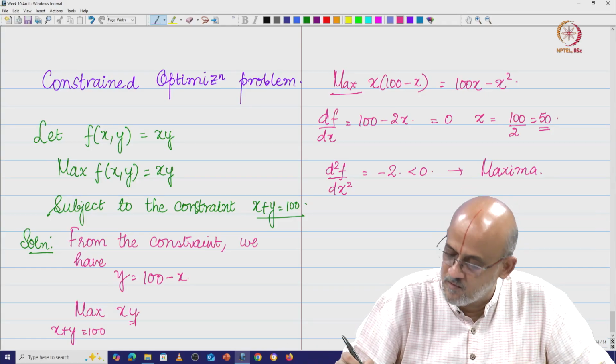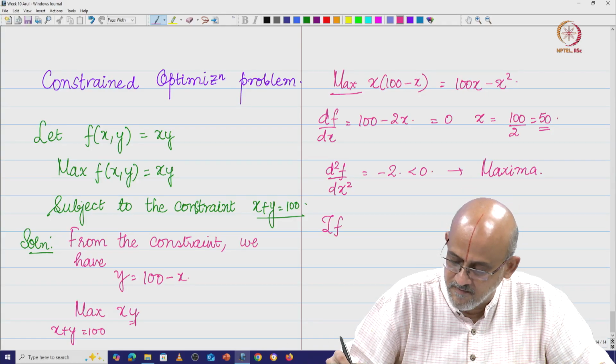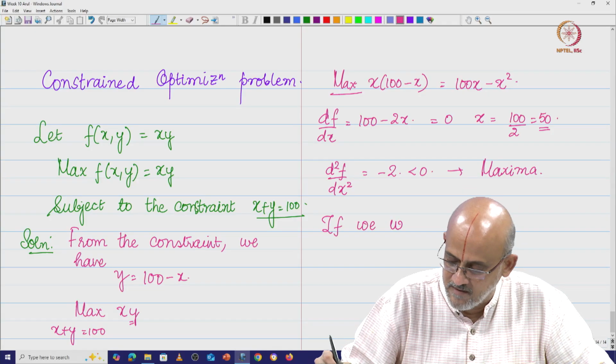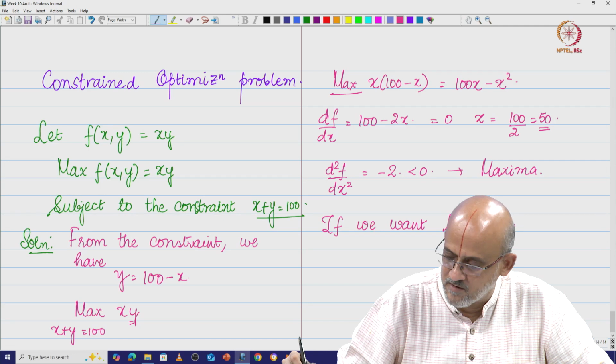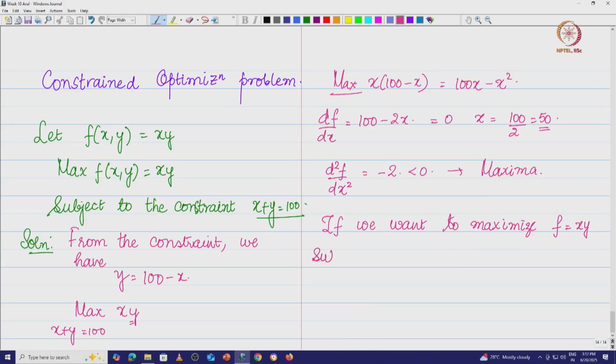So, if we want to maximize f is equal to xy subject to x plus y is equal to 100, x must be 50 and y must be 50.